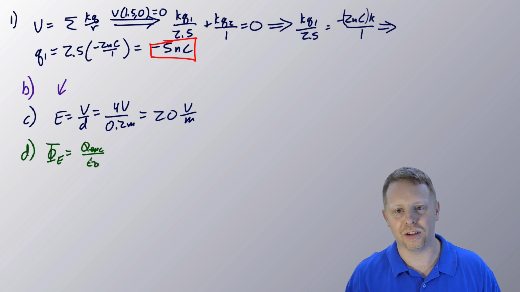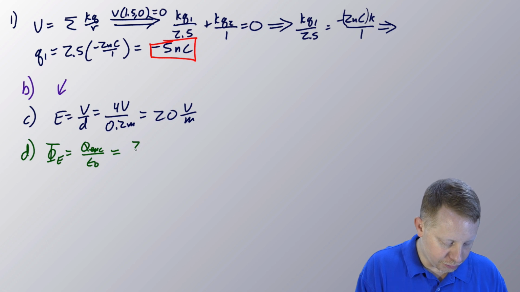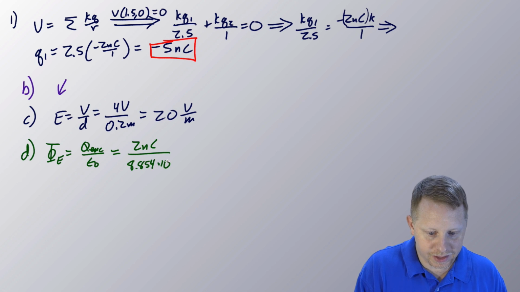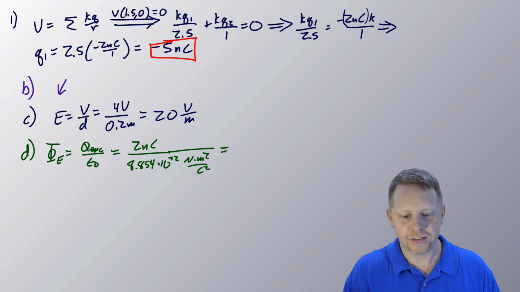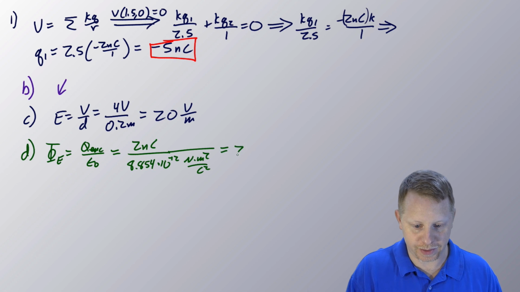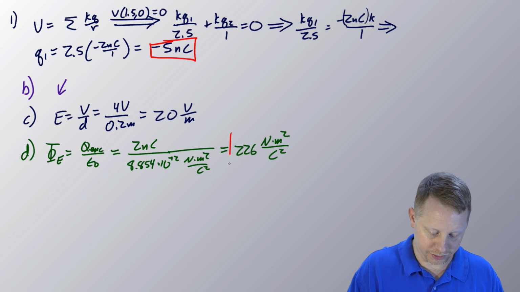Thinking back to Gauss's law, this came up a lot as we were going through that subject. Our enclosed charge is 2 nanocoulombs. Epsilon naught, 8.854 times 10 to the -12 coulombs squared per newton meter squared. Just a little bit of calculator work to come up with about 226 newton meters squared per coulomb.